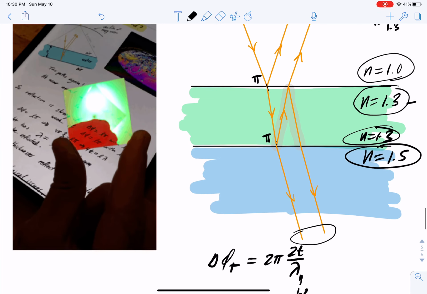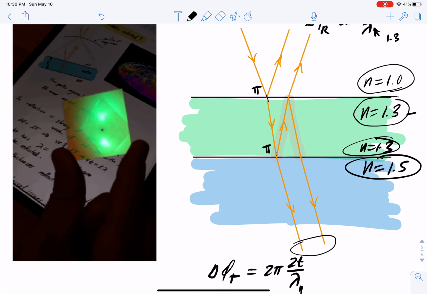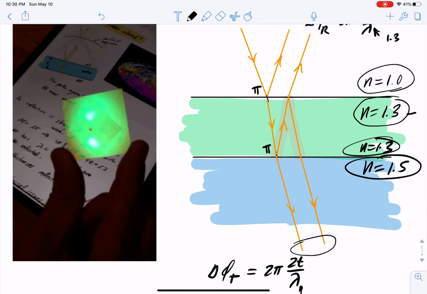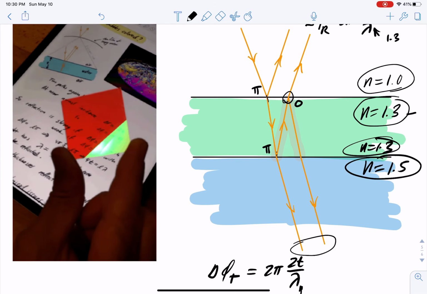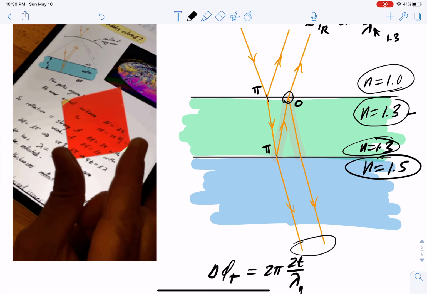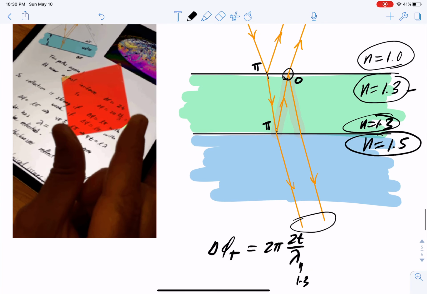Now we have to consider the reflections. Okay, so we already know what this first reflection is, that's pi. The second one now is up here. So what kind do we have now? We have a high index reflecting off a low index. So that's the one that gets no inversion.